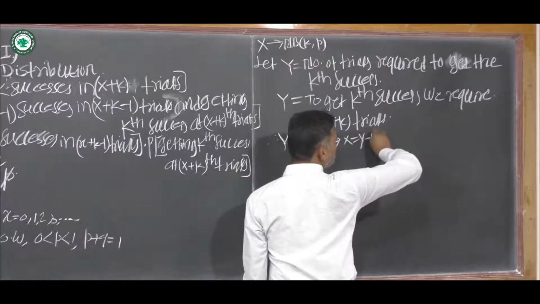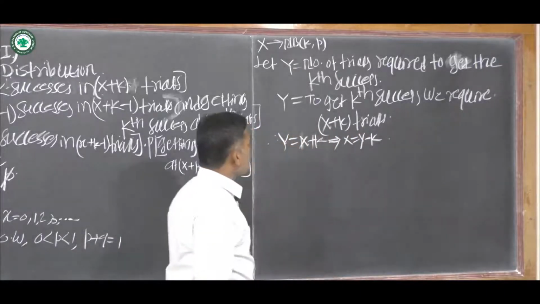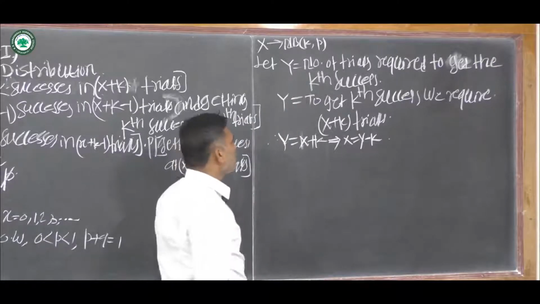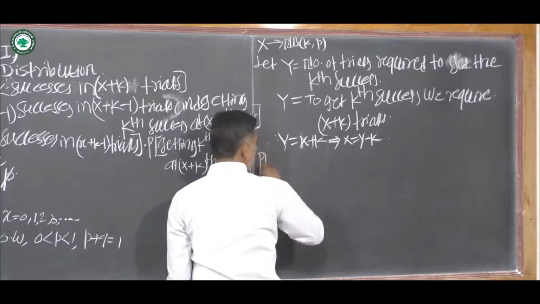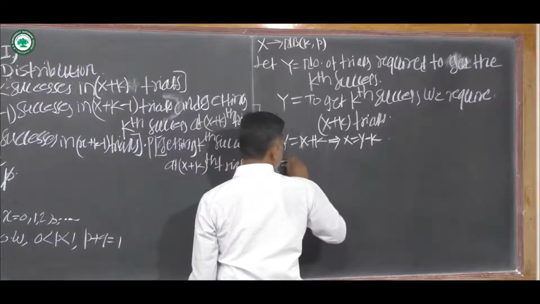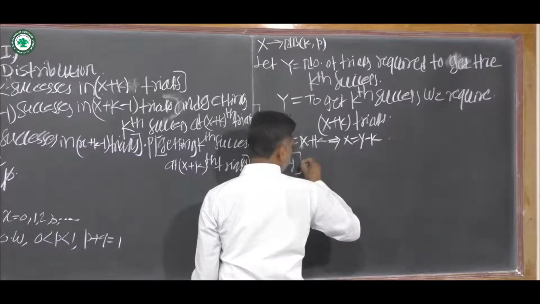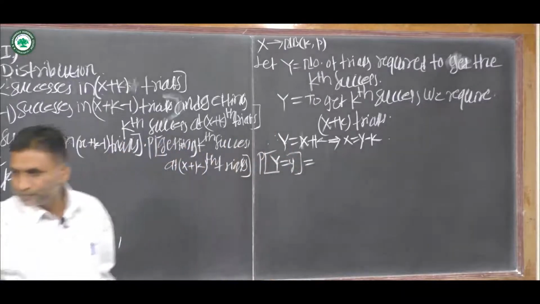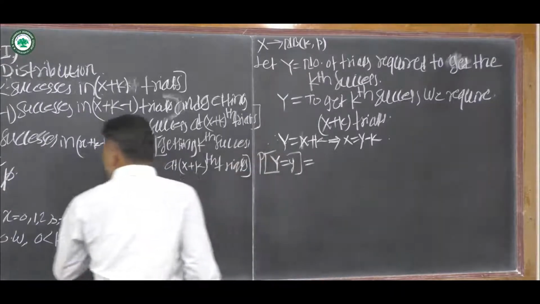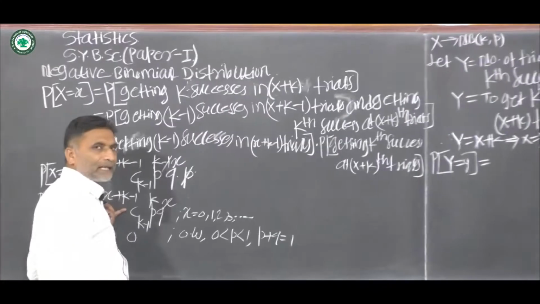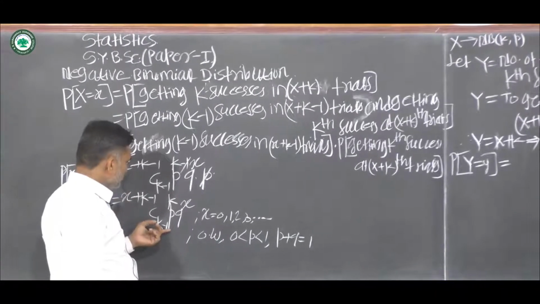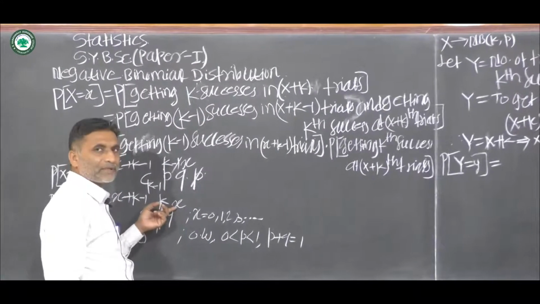y minus k. Now, the probability mass function of random variable y is probability of y equal to small y, which is equal to, we know that the probability mass function of random variable x is x plus k minus 1 c k minus 1 into p raised to k into q raised to x.